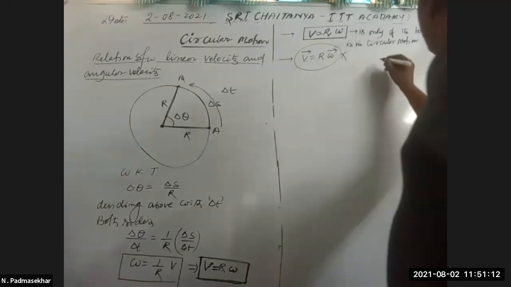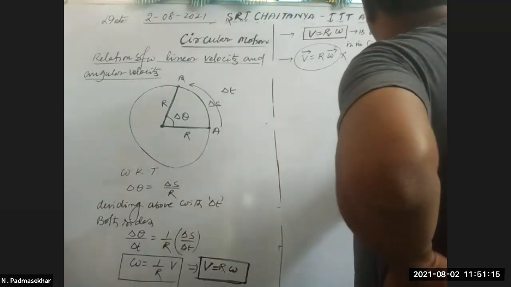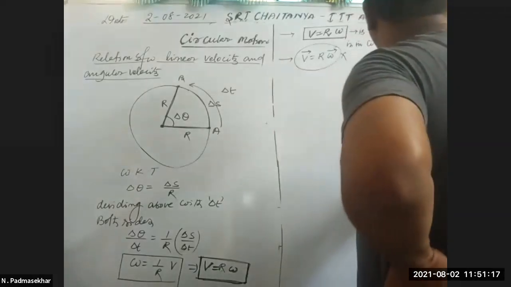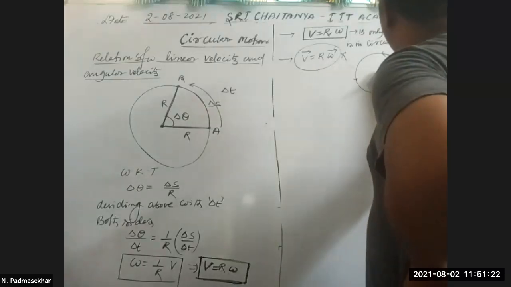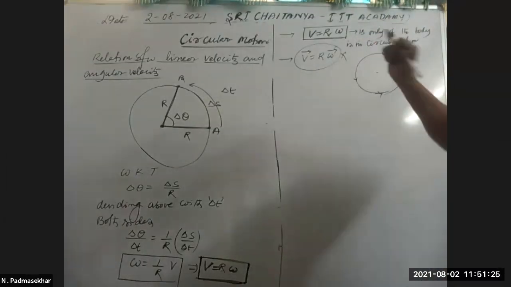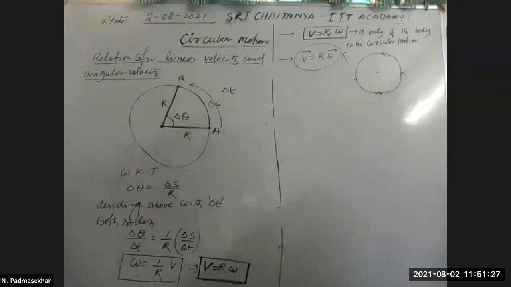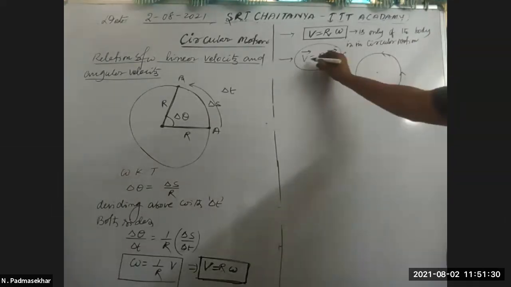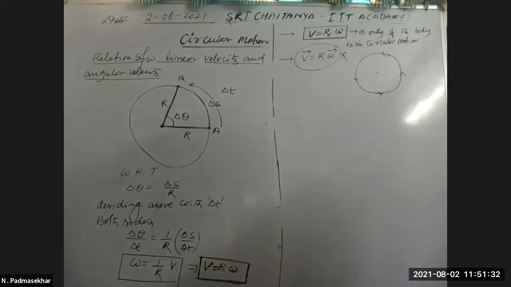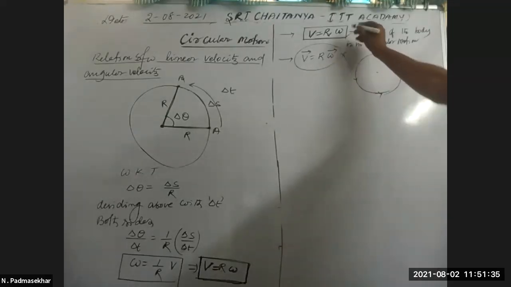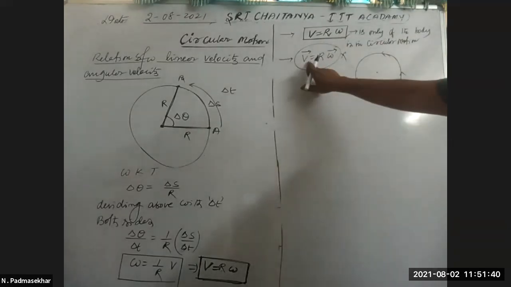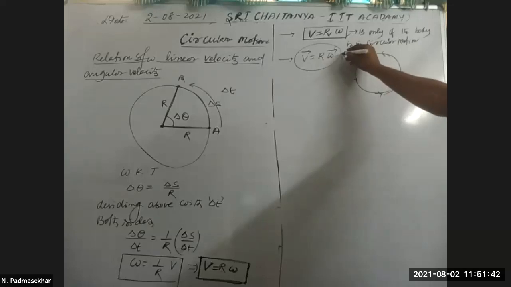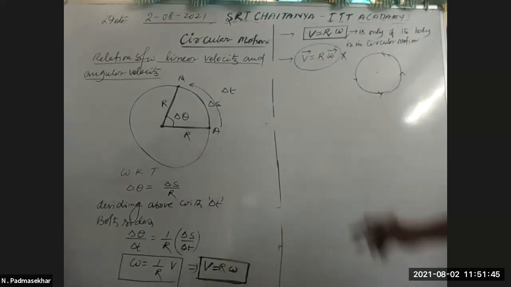V is along the circumference of the circle, but omega is outward. So both are not in the same direction. So V is equal to R omega is not the vector form; this is the scalar form. This is the correct scalar form and it is applicable only for circular motion.